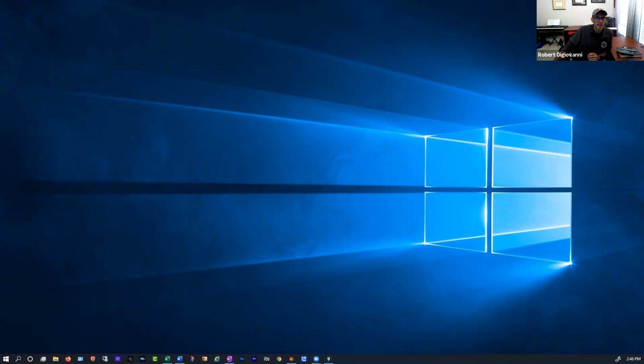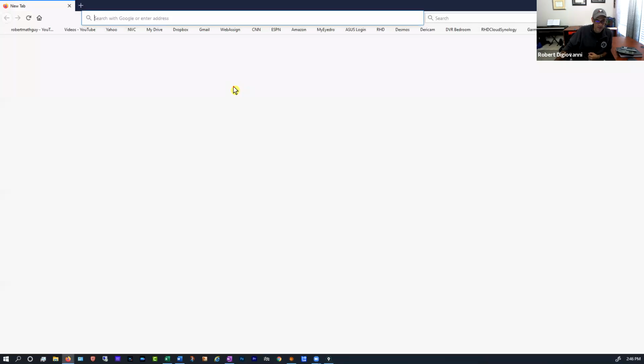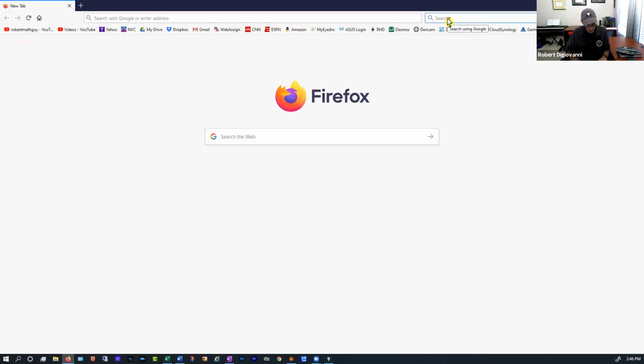Let me see if I can bring up the screen. So I downloaded this thing called Wabbit Emu. Wabbit, like rabbit. Wabbit Emu. Emu stands for emulator. If you download that to your computer, I'll send you the link through the chat. I'll send you everything you need for it, actually.